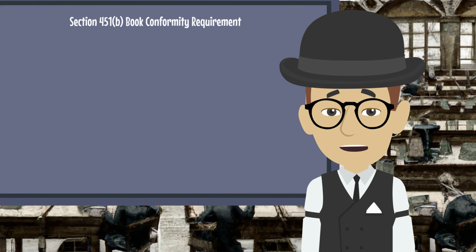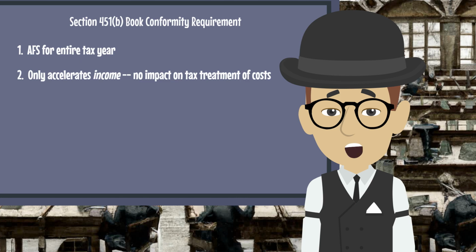So let's summarize the new book conformity requirement of Section 451B. First, it only applies to companies that have an applicable financial statement, an AFS, for the entire tax year. Second, it only applies to accelerate income to match book revenue.